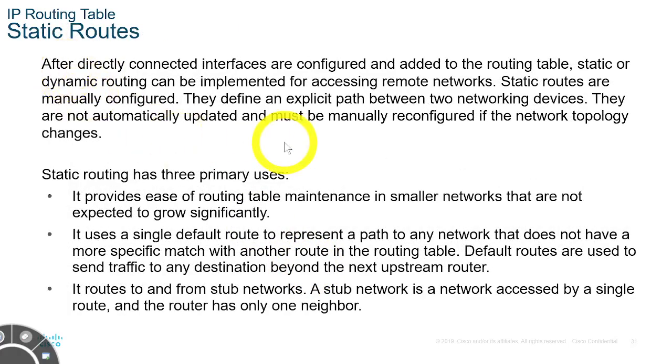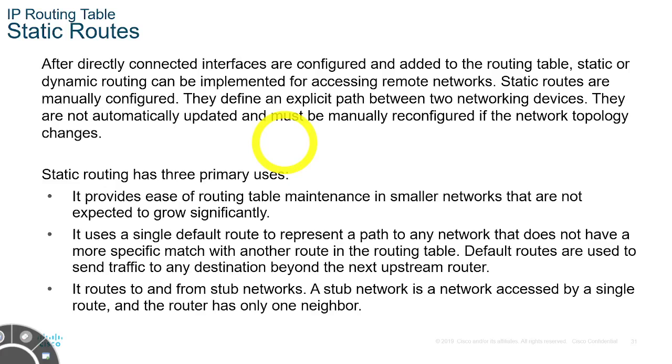Static routes. What are static routes? After we configure directly connected interfaces with an IP and make the interface up, these directly connected interfaces should be added to the routing table.